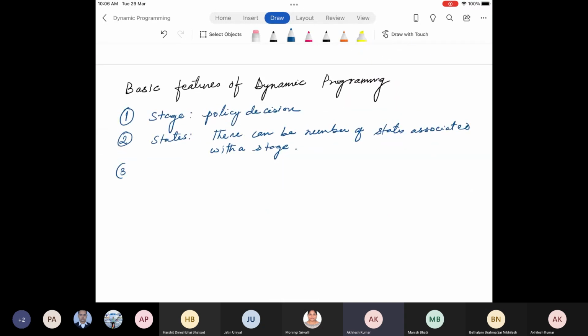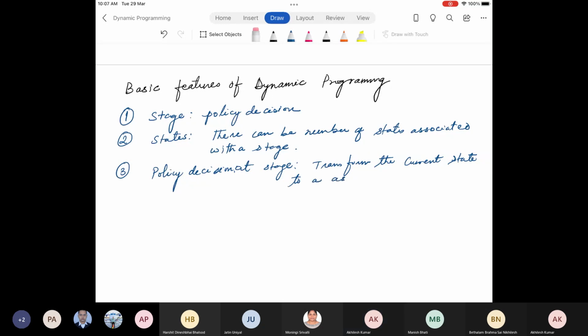Third thing is policy decision. So what you are trying to do? You can think of policy decision at any stage as transforming the current state to a state associated with the beginning of the next stage.